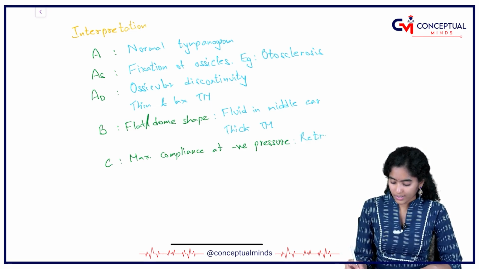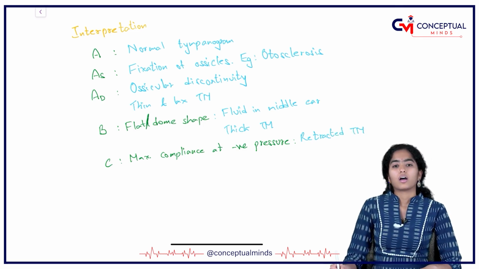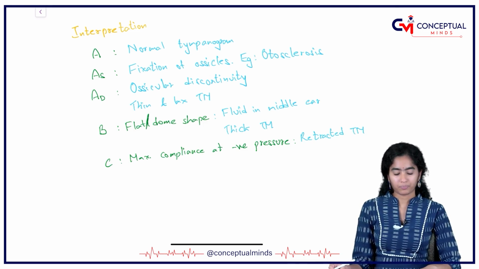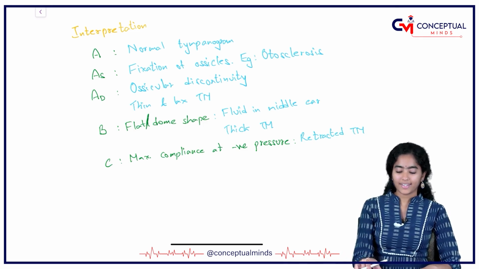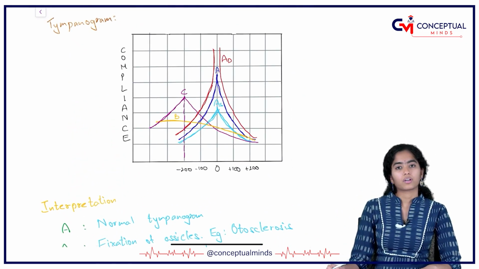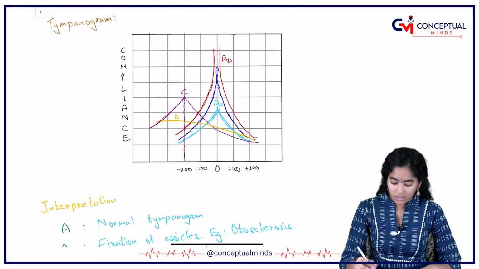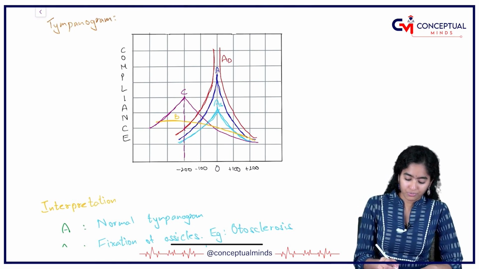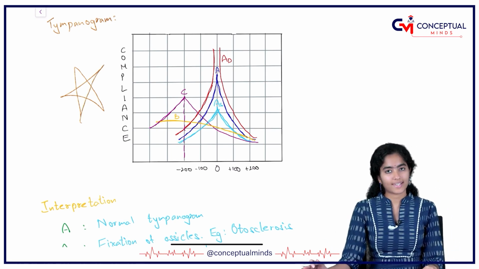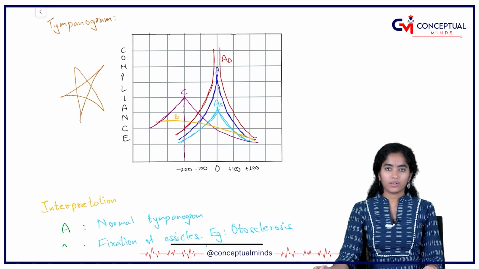In a retracted tympanic membrane, which may show some fluid in the middle ear. These are the various types of tympanograms that can occur. And this is one of the most important concepts in an exam. It's frequently tested, be it an entrance exam or in regular board exams.